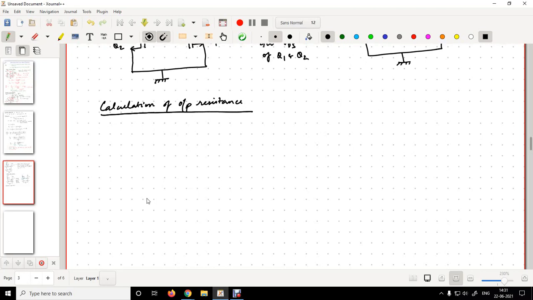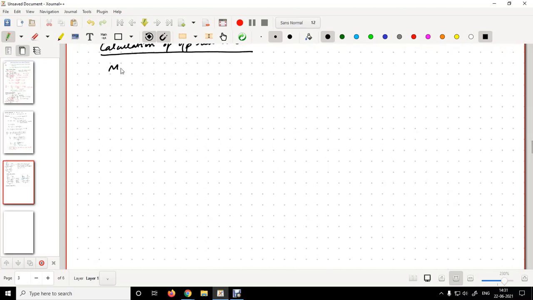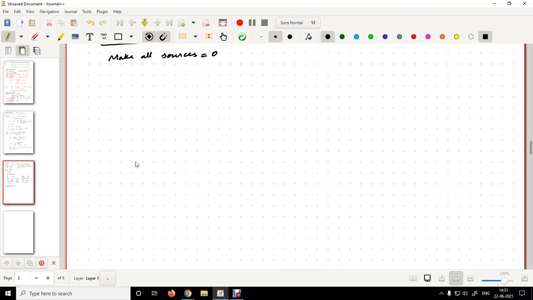Same thing, make all sources equal to 0. Now if I draw it, this one is a little tricky, so pay attention. This is ground, this is Q2, no, Q1.